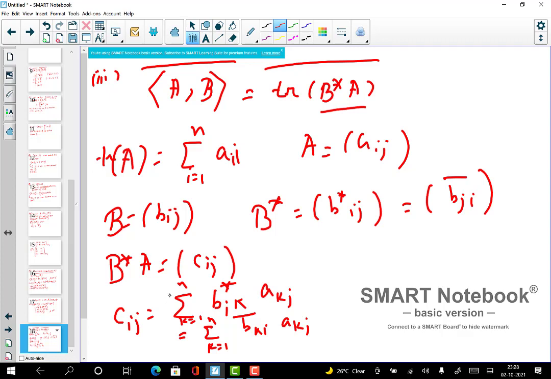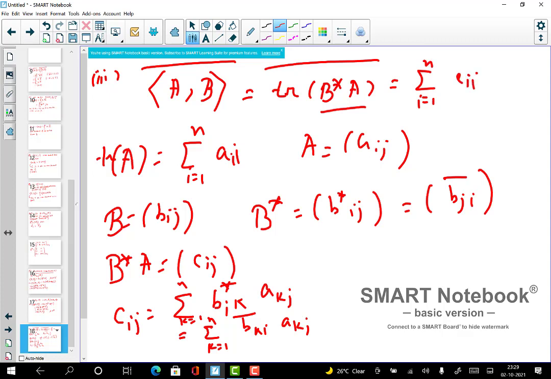so then what will be the trace of B*A? It would be the Cii, so both i and j are the same, right? So let me write down here. The trace of this will be the summation over i equal to 1 to n of Cii.